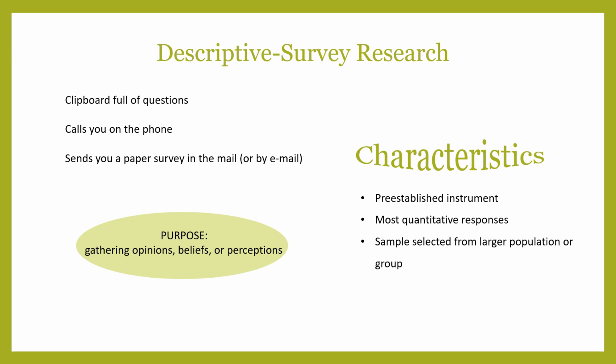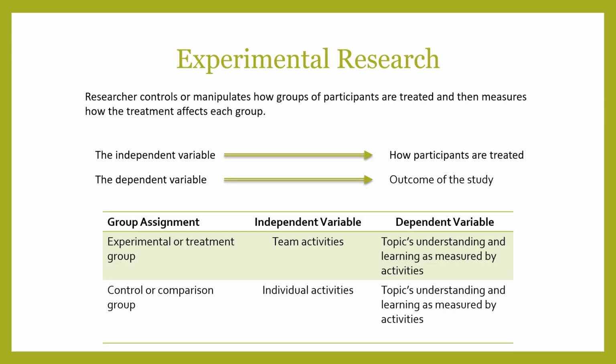And samples selected from a large population or group. We can use this kind of research with a specific group of people, and that helps us to have specific information.